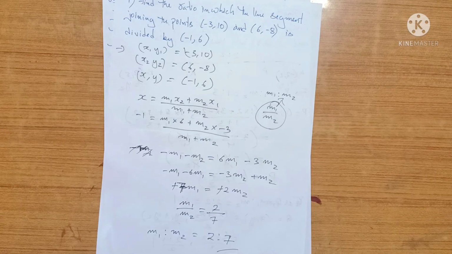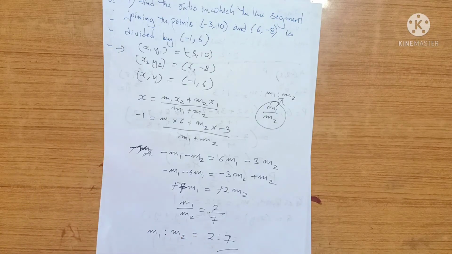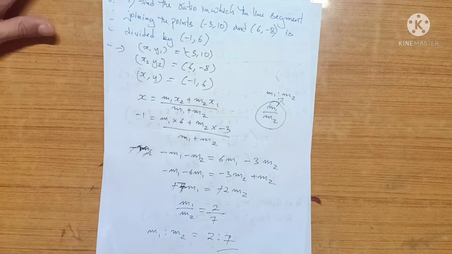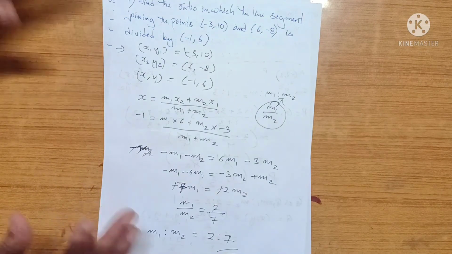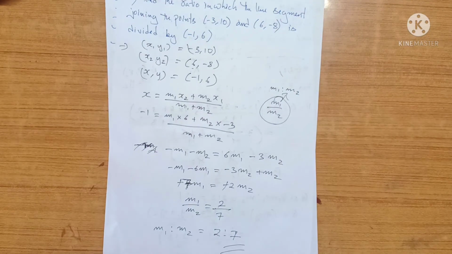And it's not necessary for you to take x and y both. You just have to choose one of them. Sometimes they will give you a specific condition where only x is given or only y is given. So according to that, you're going to use only one to find the answer. Okay, so that's the question.